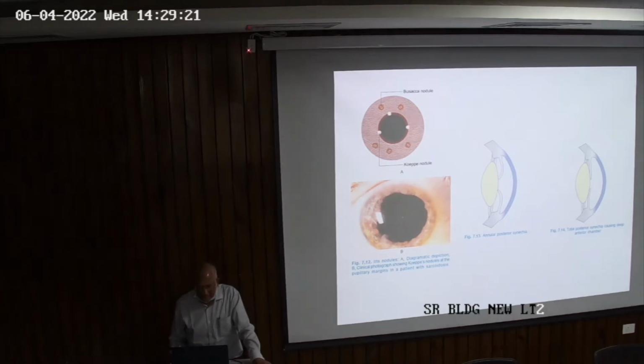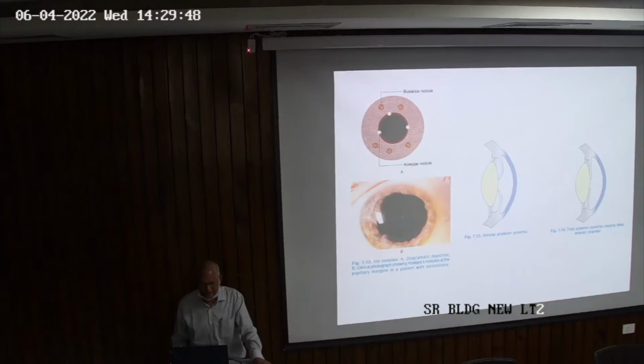Then there are the synechiae. This is the iris attached at the center; this is annular synechia. This is total synechia, where the whole of the iris is attached to the anterior surface of the lens. If it is annular synechia, meaning the border is attached all around, it causes the seclusio pupillae. The aqueous pushes the iris forward.